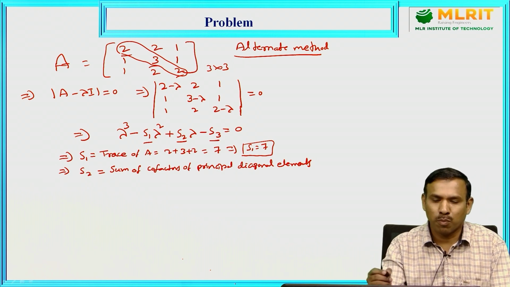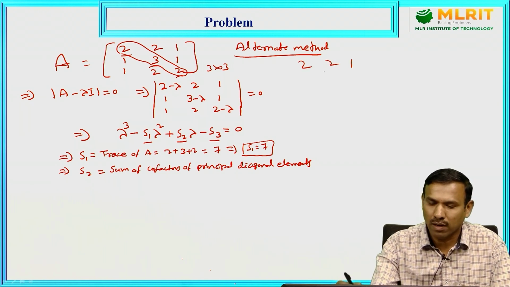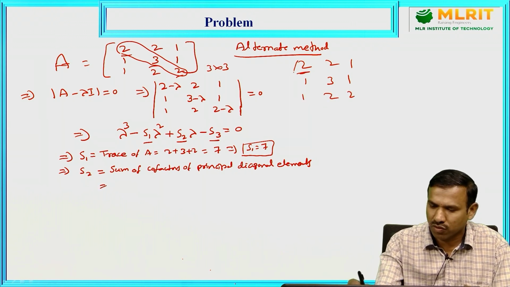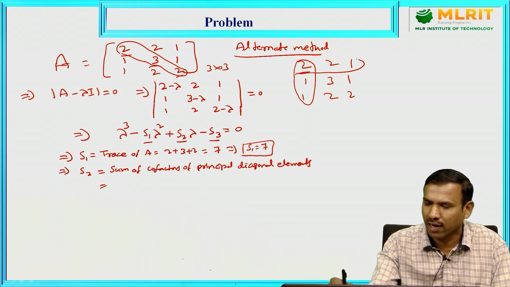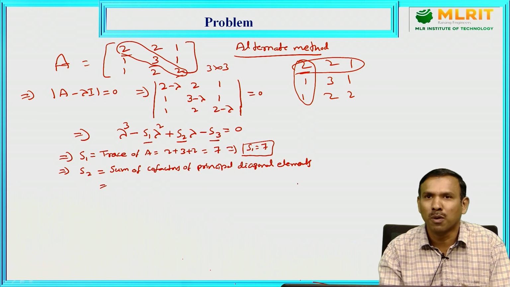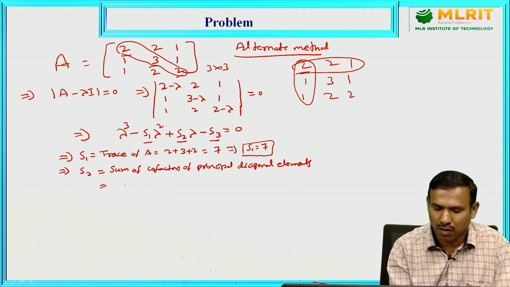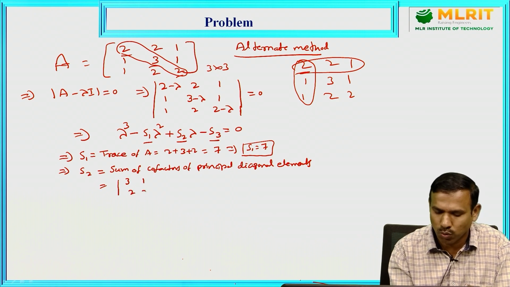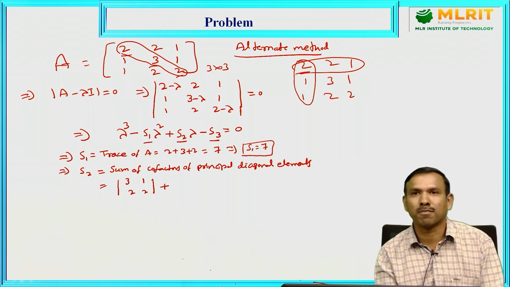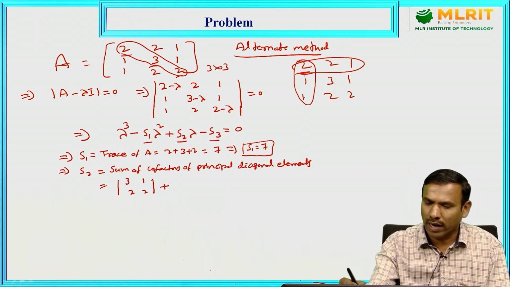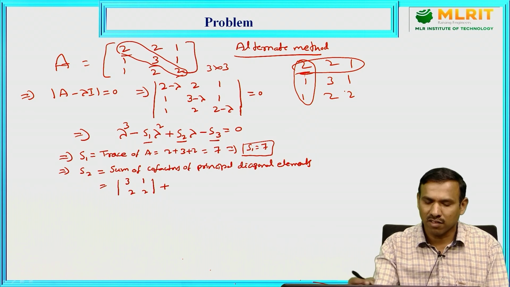Suppose this matrix is 2 2 1, 1 3 1, 1 2 2. The first principal diagonal element is 2. Leaving the row and column containing it, what is left over? The remaining 3, 1, 2, 2, a 2 by 2 matrix whose determinant we take. This is the first one: leaving the row and column of the first diagonal element 2, we write the determinant of the remaining 2 by 2 matrix.